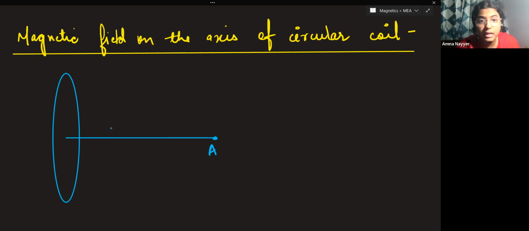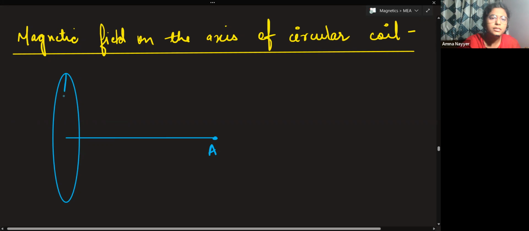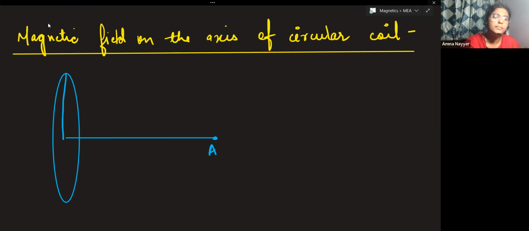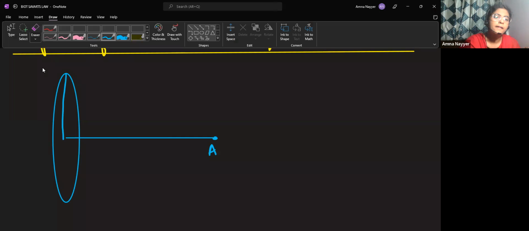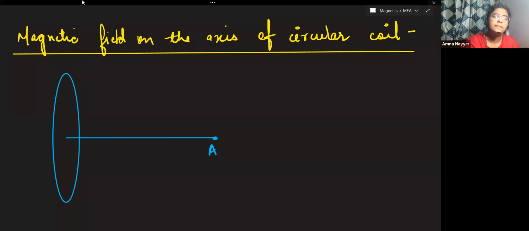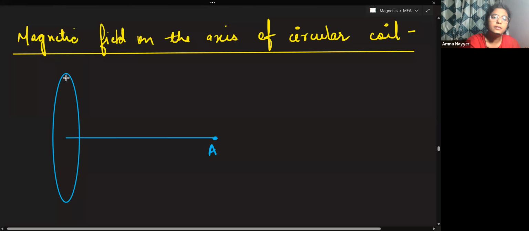And the magnetic field on the axis of a circular coil has a bigger formula. So let's say r is the radius. This is r.